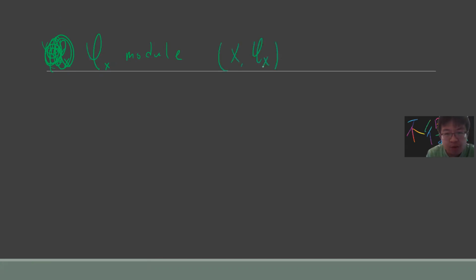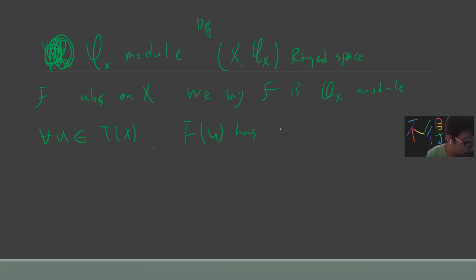The idea is that somebody gives you a ring space, and we can define, let's say F is a sheaf of abelian groups on X. Then we say F is an O_X-module, which means that for every open set U of X, F(U) has the structure of an O_X(U)-module. Sorry, sometimes my O always looks different.